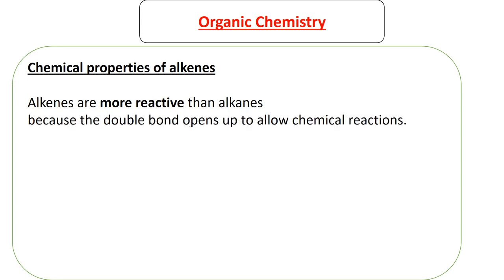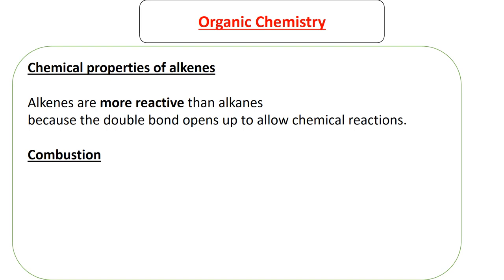So this is what I've just explained as a summary. There are two reactions which alkenes participate in. The first is combustion, just like alkanes. In alkanes we learned about the two types of combustion depending on the amount of oxygen that is there. Even here it's the same, so we're not going to go into limited supply and full supply, like in incomplete combustion and complete combustion.